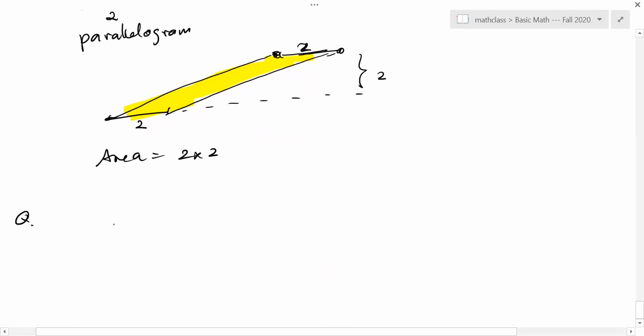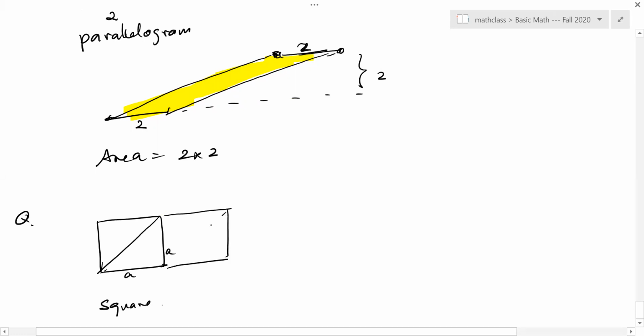First of all, I have a square with a diagonal. The sides are A and A. Then I draw another square and another diagonal.